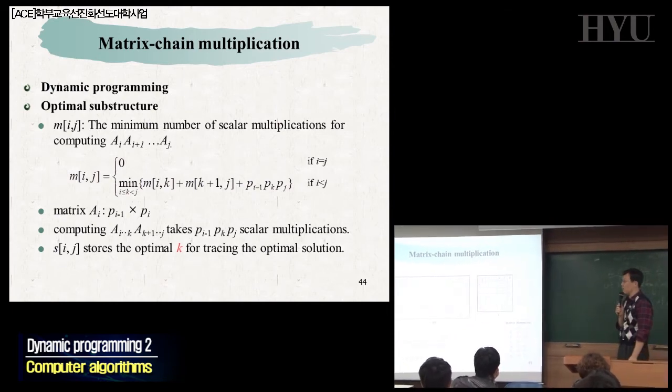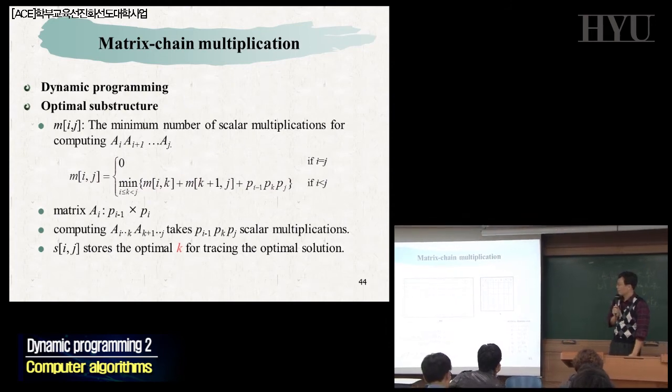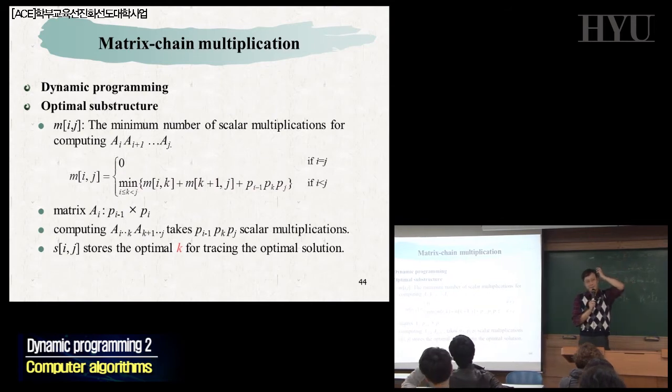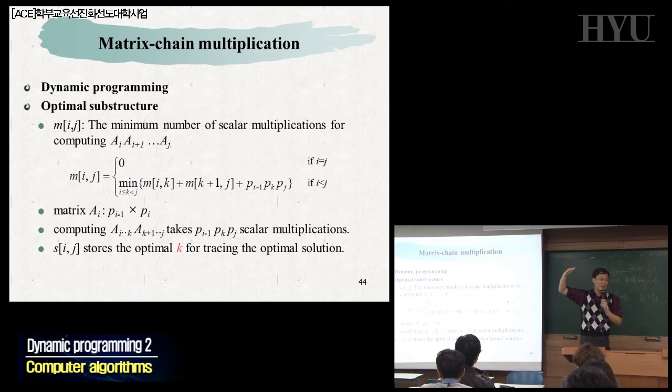Let's see an example. Okay, before we see this example, we know that dynamic programming is a bottom-up approach. Then we have to define what is bottom and what is top.